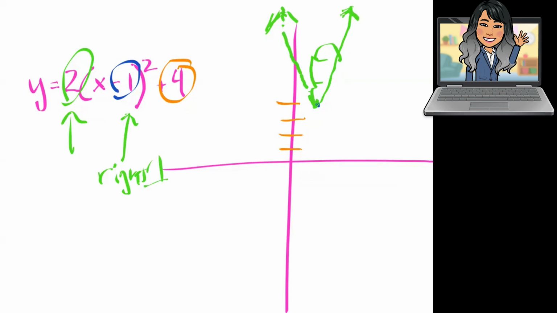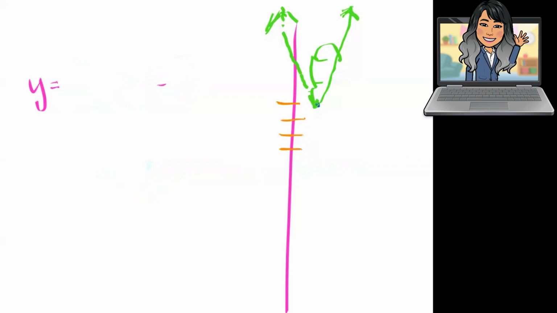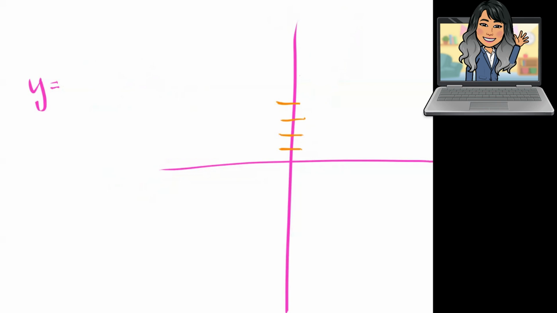Okay. So you want to try graphing this one? We have negative 1/2 times x plus 3 squared minus 2. So try that. First you go down 2. Good.